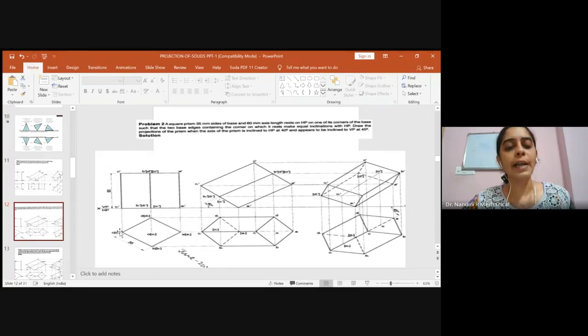From this end, draw a perpendicular line such that the included angle inside will be 90 degrees. Similarly, from here also take 90 degrees. Both will meet at a common point, or else you can measure 35 mm from here and cut an arc, and from here also measure 35 mm and cut an arc. So you will get the bottom surface of the prism, which is the true shape of the top view.